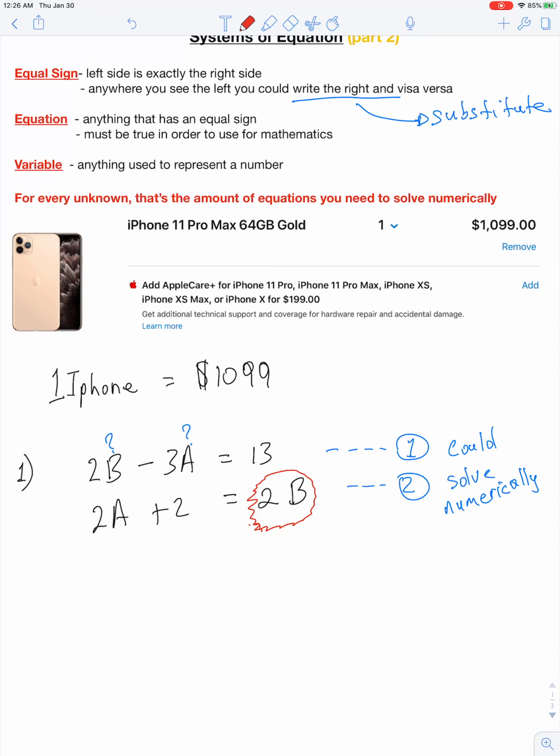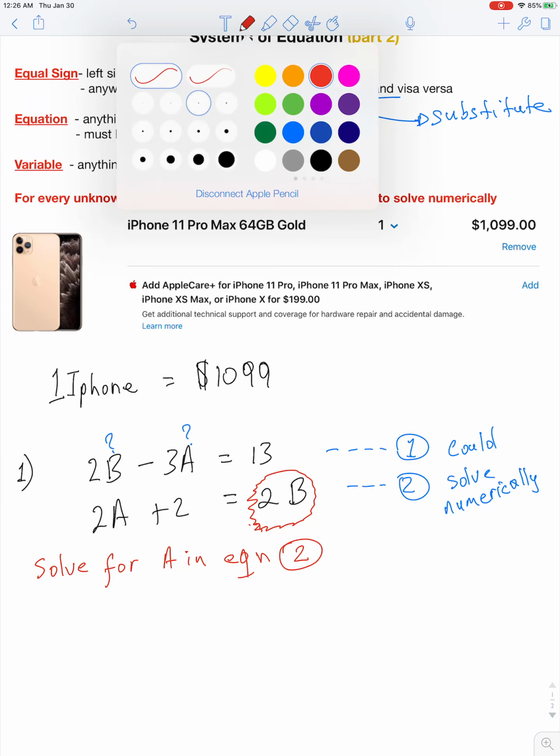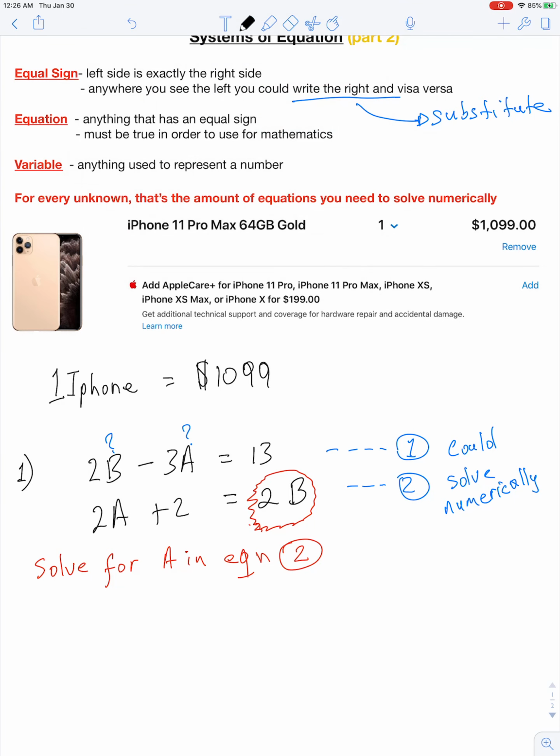Okay, so let's solve for A in equation 2. Let's write that down. We're going to solve for A in equation 2. EQN is equation. So I would move this over, so that becomes a negative, and then I'll divide by 2. So A should be equal to 2B minus 2 over 2.